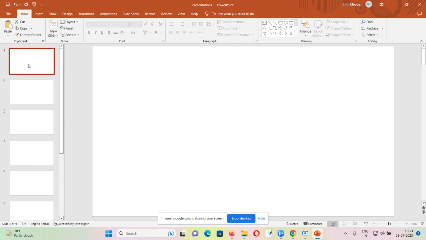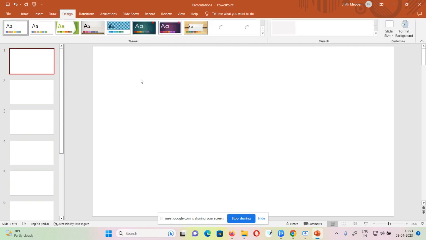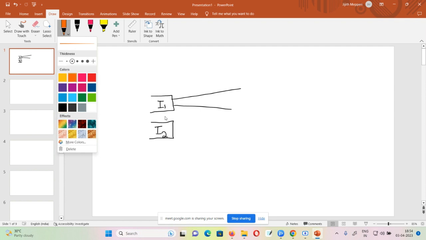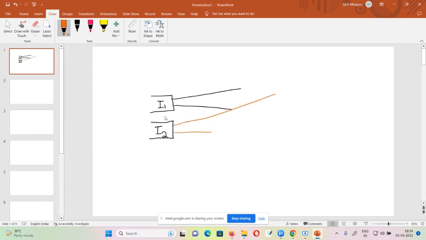You have two light sources. Irradiance means nothing but intensity. You have a light source with intensity I1 and a light source with intensity I2, each producing some light, and these beams are going to interfere.